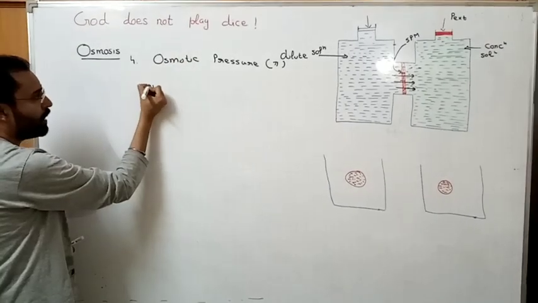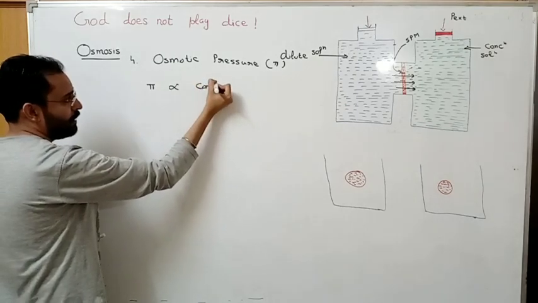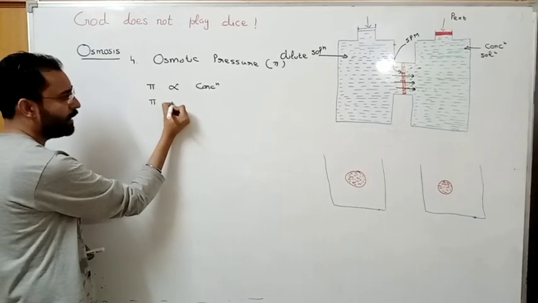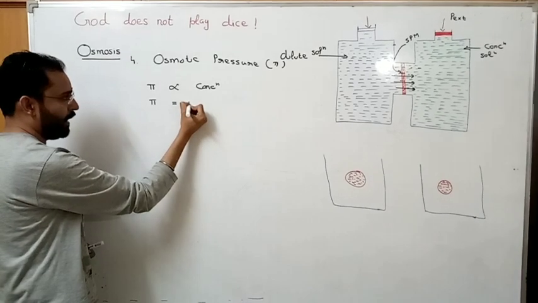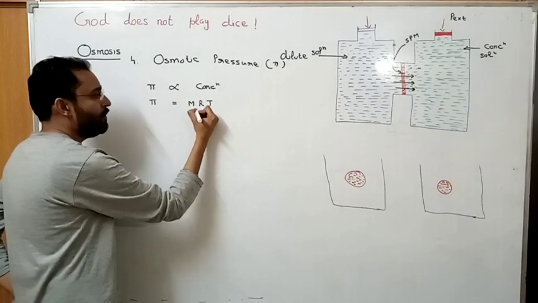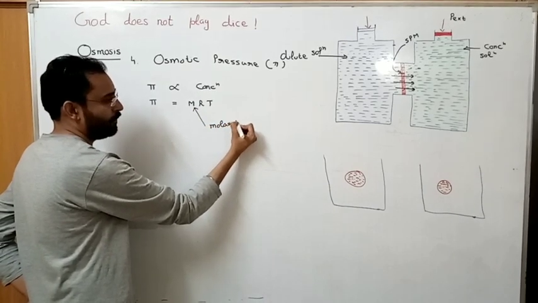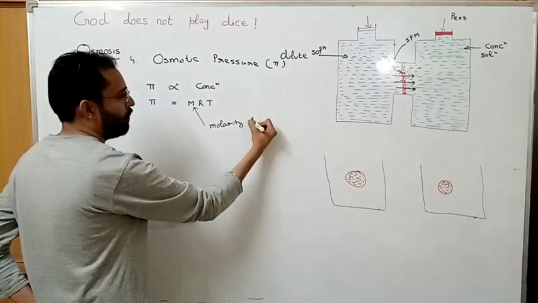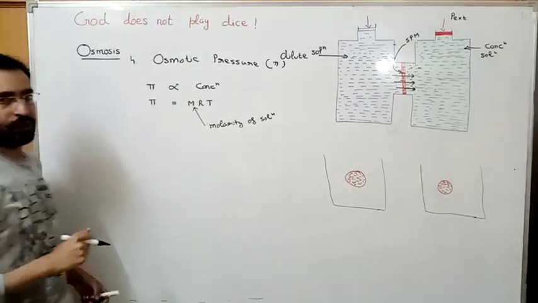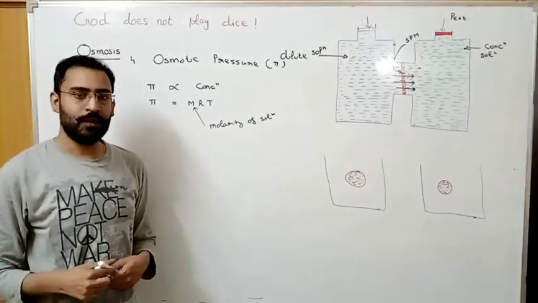Mathematically, osmotic pressure is directly proportional to concentration of solution, or pi is equal to mRT, where m is molarity of solution, R is universal gas constant and T is the temperature of the solution.